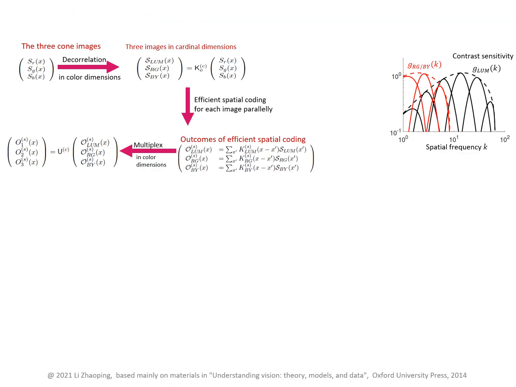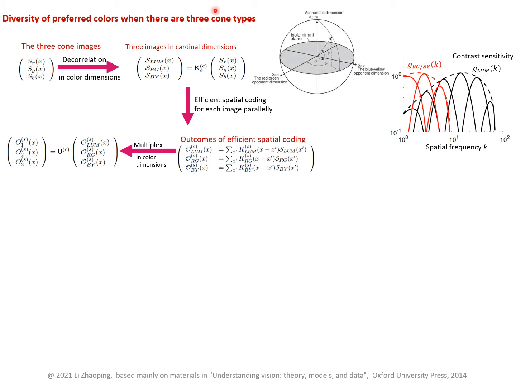When there are three cone types, red, green, and blue, there will be a diversity of preferred colors among the V1 neurons. This is because there are three cardinal directions: luminance, red-green chromatic contrast, and blue-yellow chromatic contrast. So there are two orthogonal chromatic contrast directions.